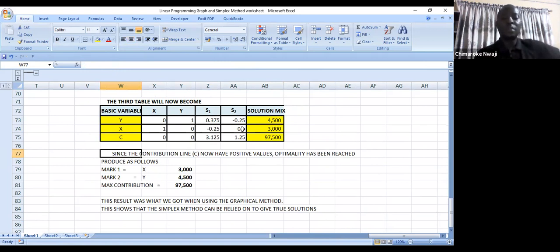So when you interpret, this solution mix gives you the optimal solution. This is the optimal solution for Y. This is what Y should be produced, 4,500. X should be produced, 3,000. This is the highest contribution you can make. Then these are the slack variables. S1 is the slack variable for material.